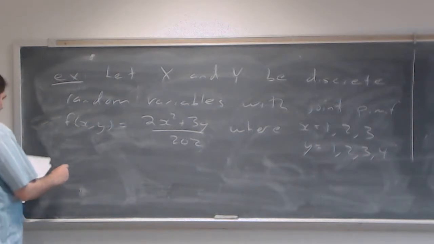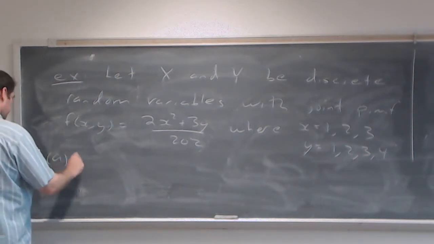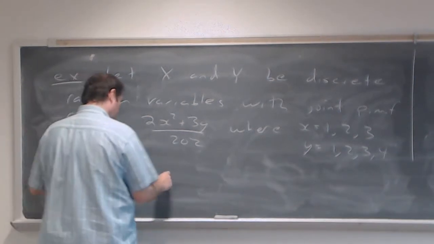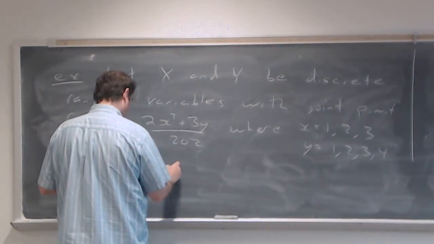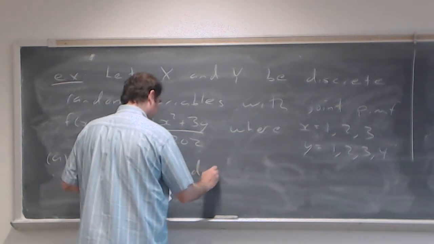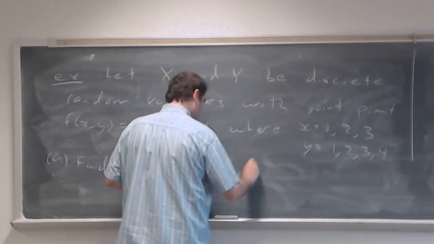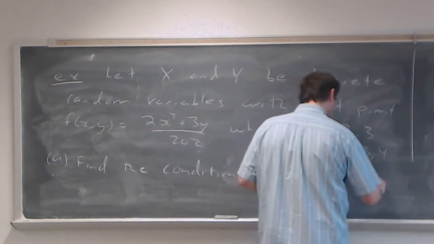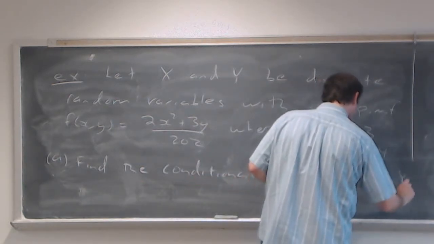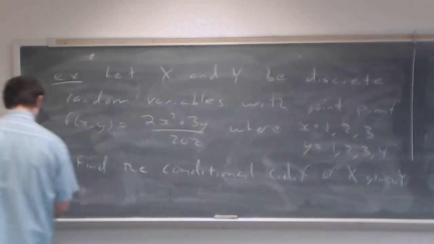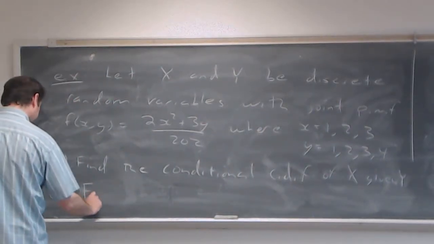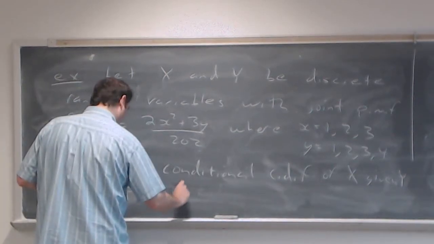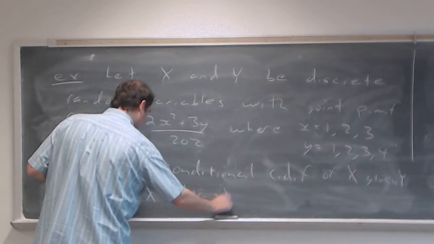And so part A, I'm going to ask two things. So find the conditional CDF, cumulative distribution function, of x given y. And part B, find the probability that x is greater than 1 given y equals 3.